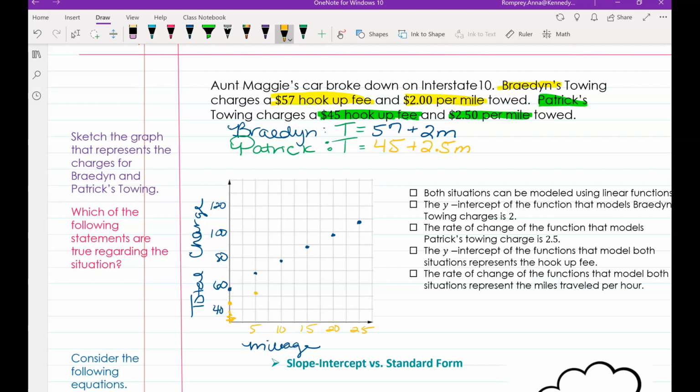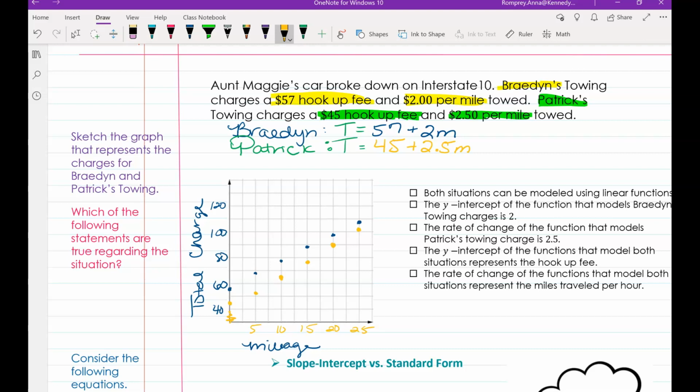And then 65, 77.50. So 90. And then 102.50.